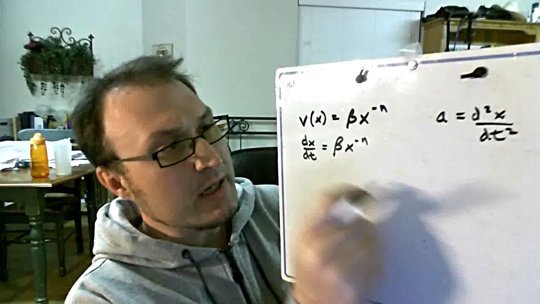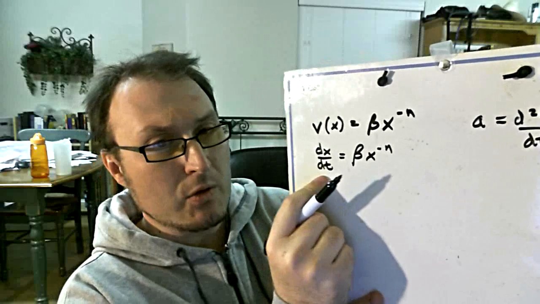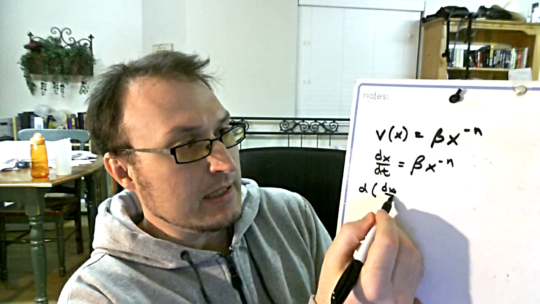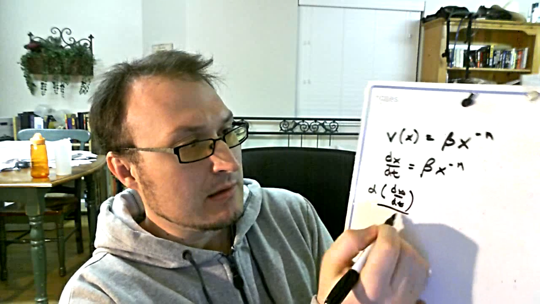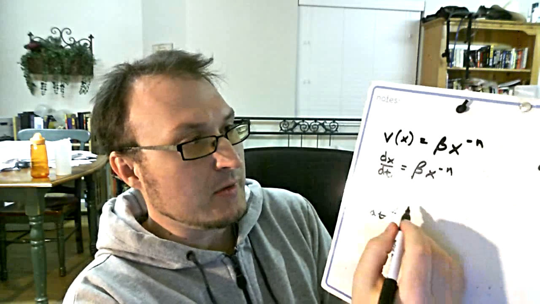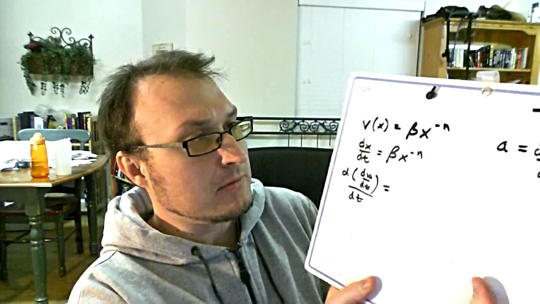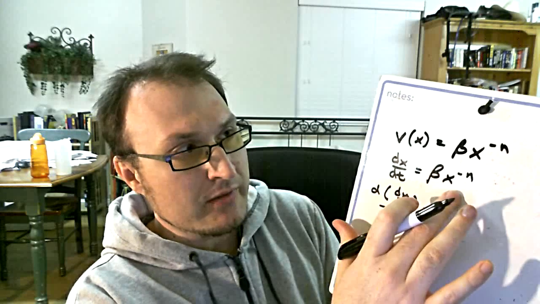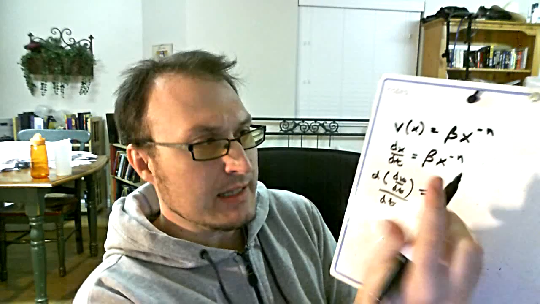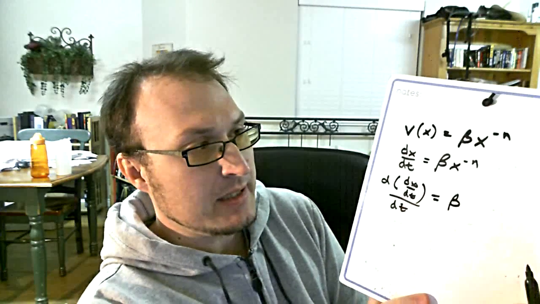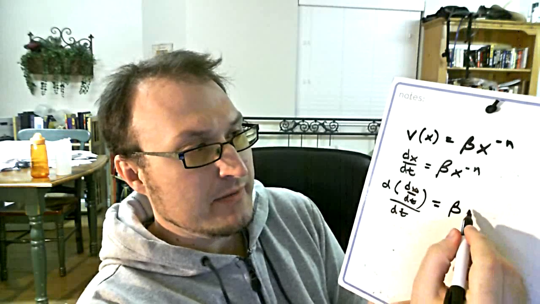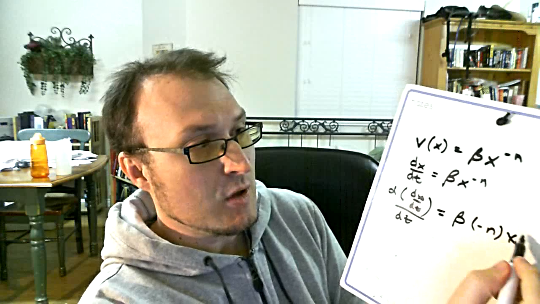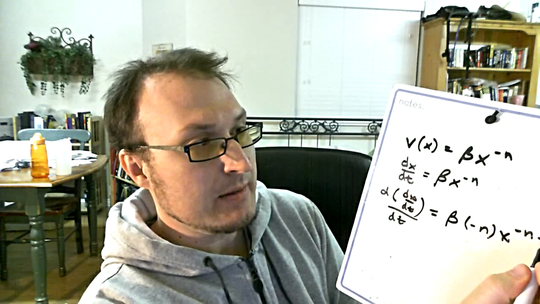Okay, so that's what I get on this side if I take one more time derivative. Now when I do that on this side, I have to take the derivative of this function. That's easy. This beta stays constant. I bring the negative n down as a factor, and I subtract 1 from the exponent, so I get negative n minus 1.